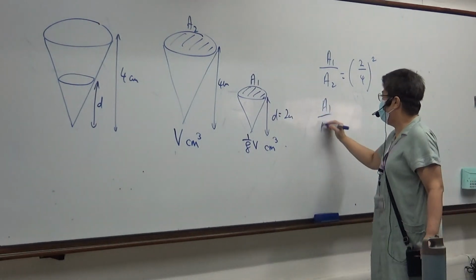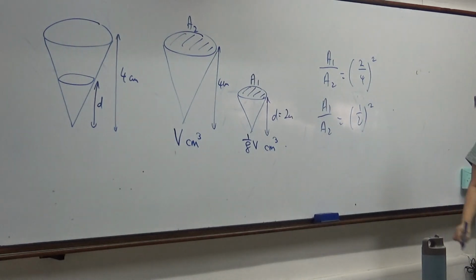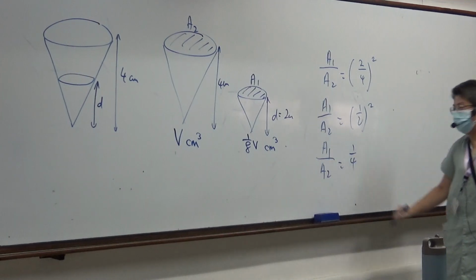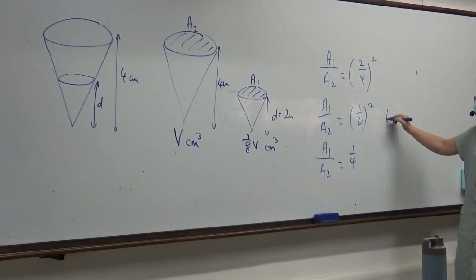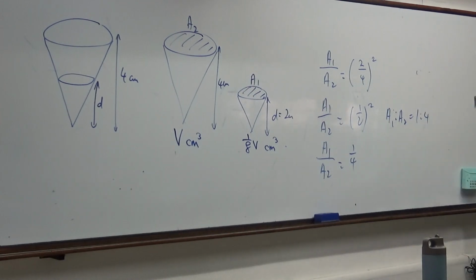So A1 over A2 must be half squared. What's A1 over A2? 1 over 4. So A1 is to A2 will be 1 is to 4. Is everyone clear? Okay, now what if they only give you the volume?